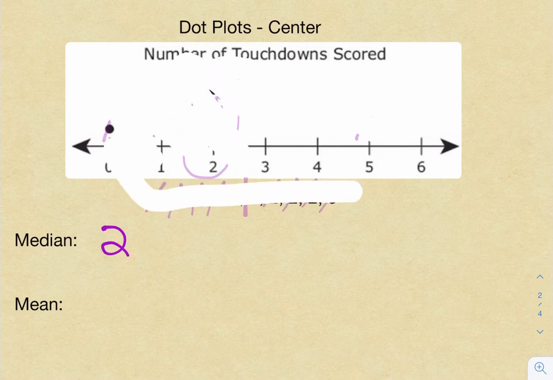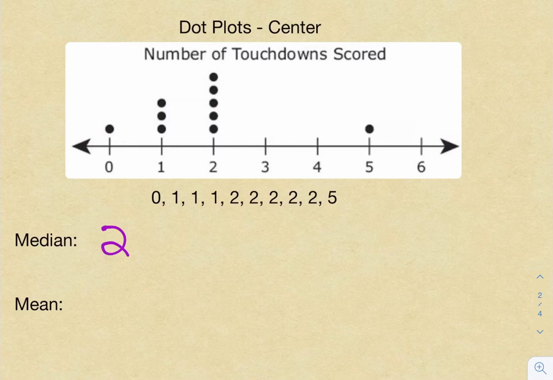Now, for the mean, we want to use our list of data down here. And we find the mean the same way that we practiced last week. What do you think the mean for this data is?